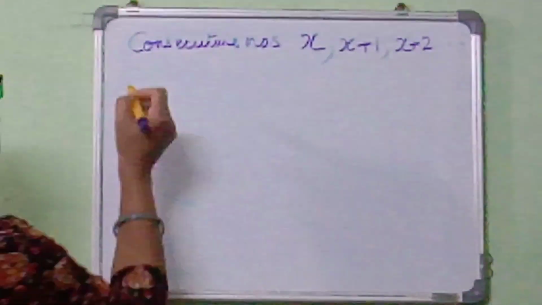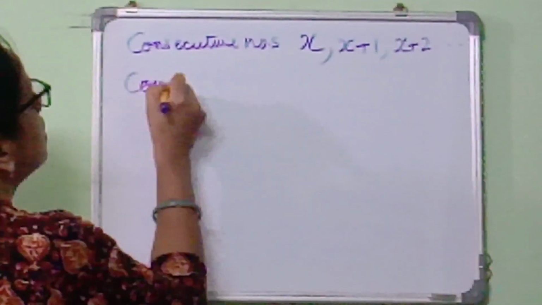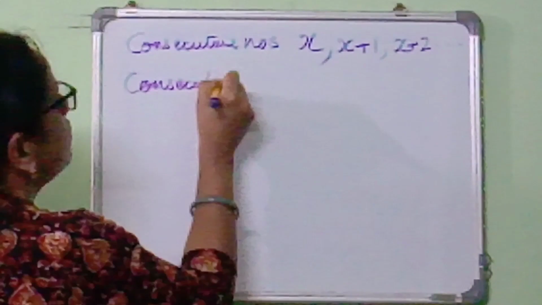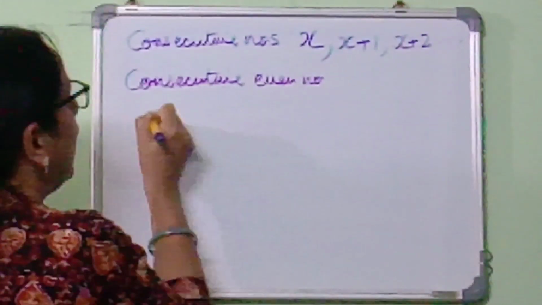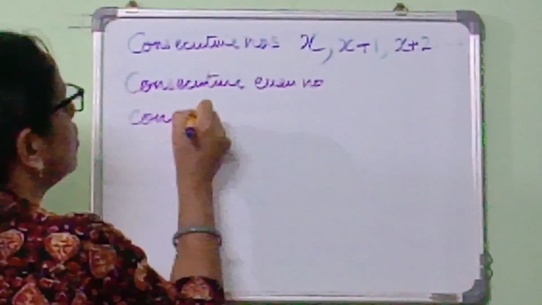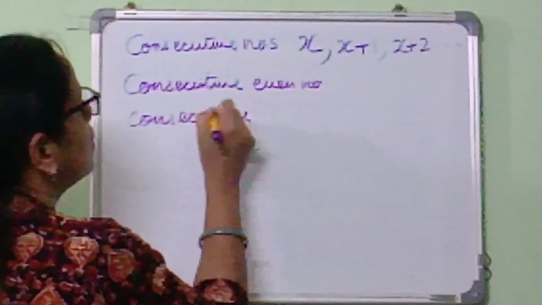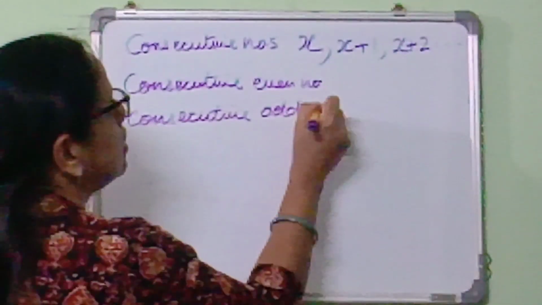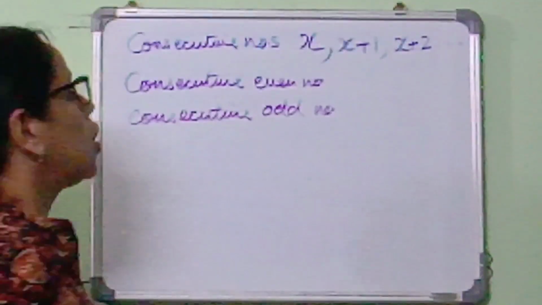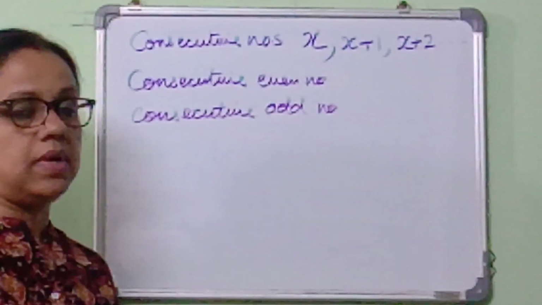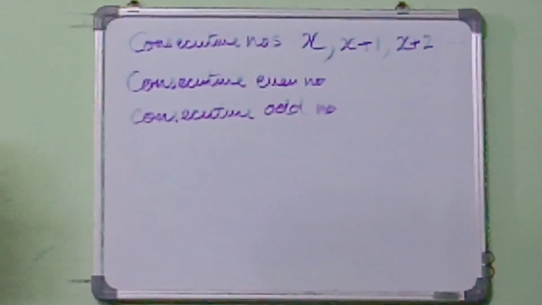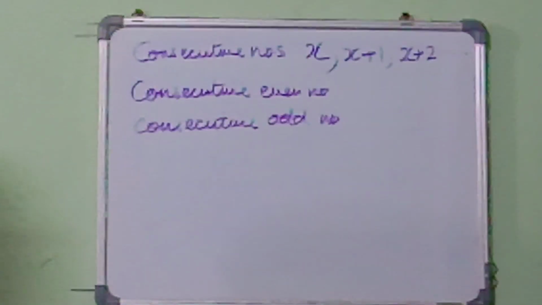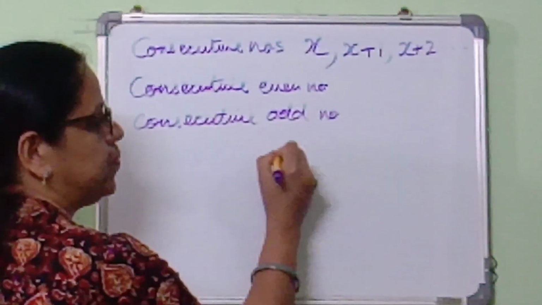The next confusing question is consecutive even numbers and consecutive odd numbers. Just think, even numbers and odd numbers differ by what? Even numbers and odd numbers differ by 2.